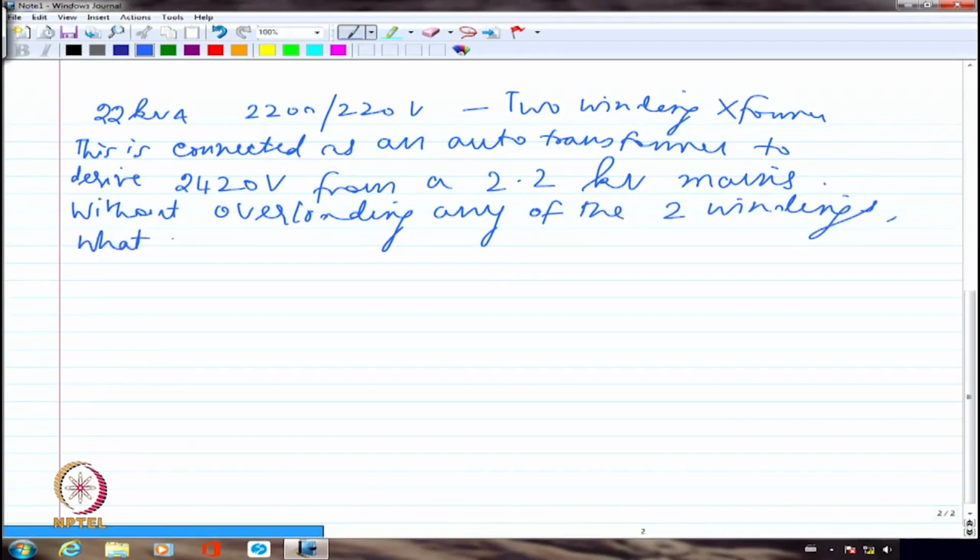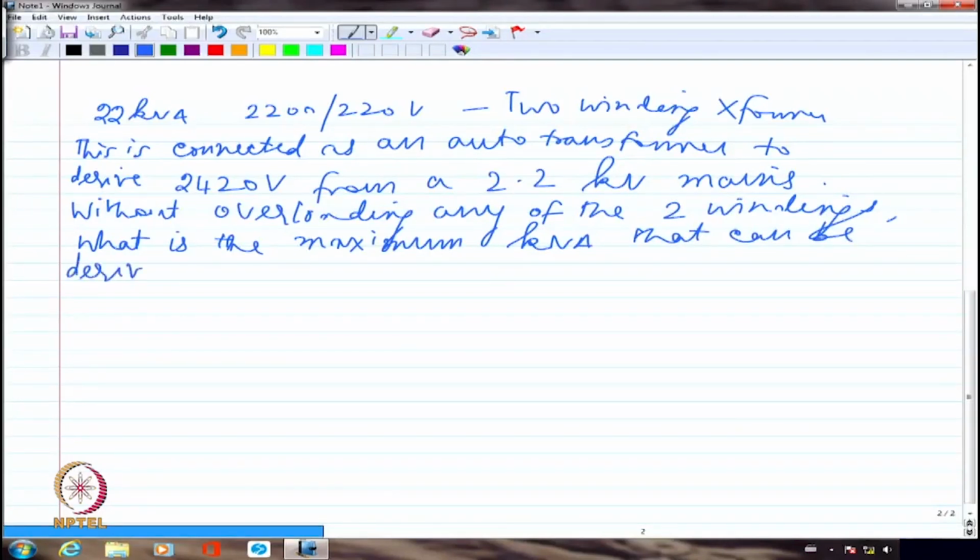And one more thing that we'll have to specify is how much is the current flowing in each of the branches.